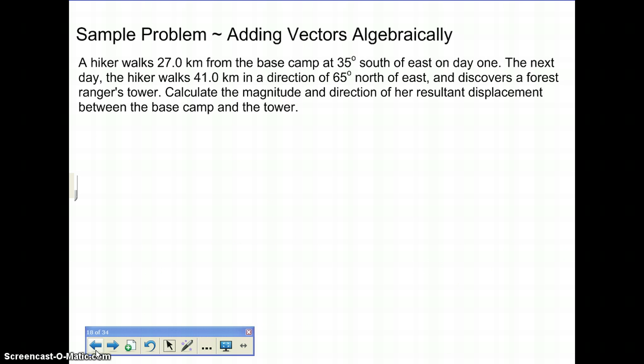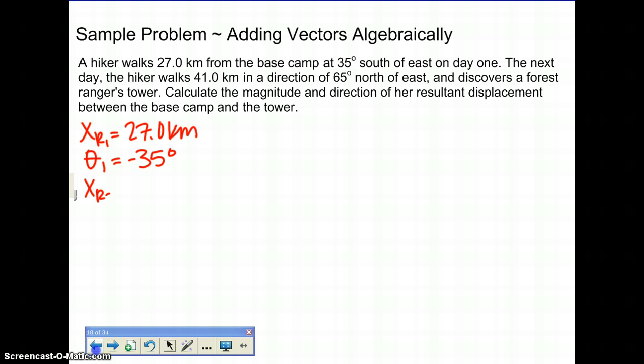So for this girl, she starts off by walking 27.0 kilometers on day 1. So I'm going to call that R1 is 27.0 kilometers. And she does that at a theta of negative 35 degrees because she's moving south of east, so that's negative 35 degrees.